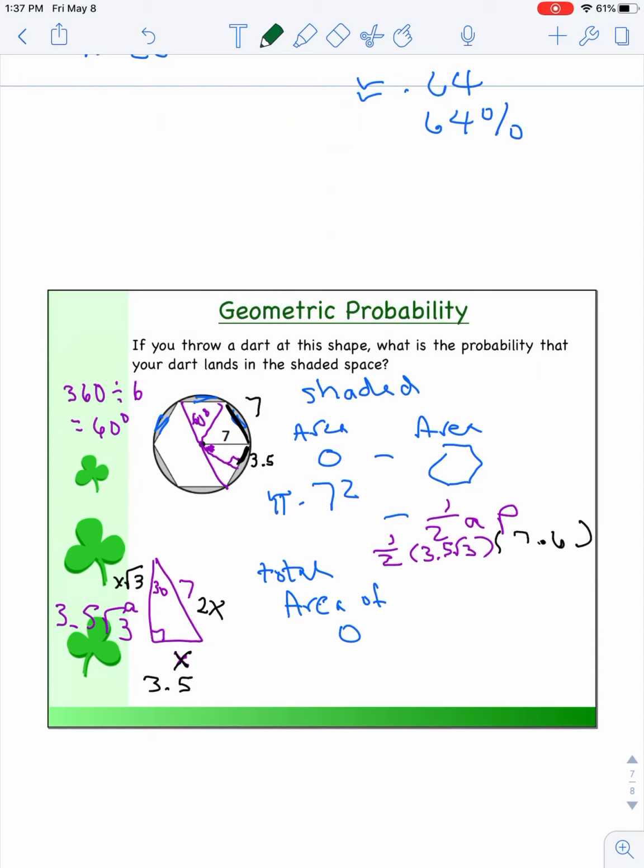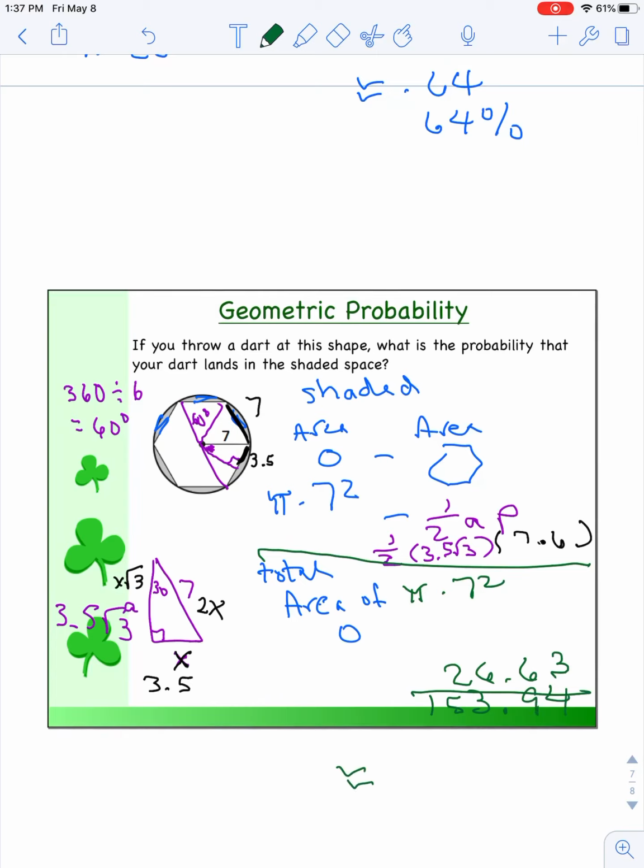Oh boy, I'm not able to get another color here. There we go. So now I have the area of the shaded divided by the total area of the circle. And so if I multiply pi times 7 squared and subtract 1/2 times 3.5 square root of 3 times 42, again, just enter all of that in your calculator, what you're getting then is 26.63 approximately, and then we divide by the total area, which is pi times 7 squared, which is approximately 153.94.